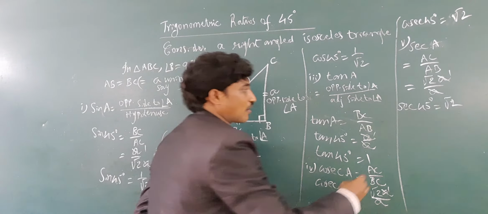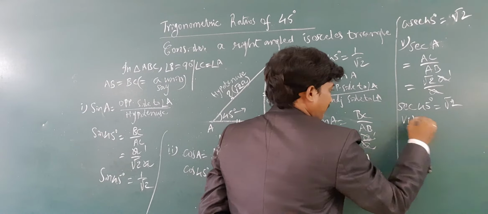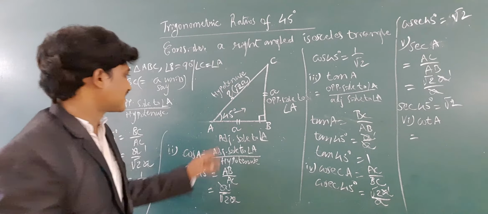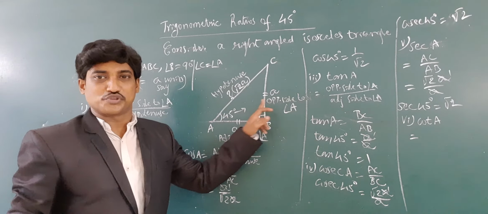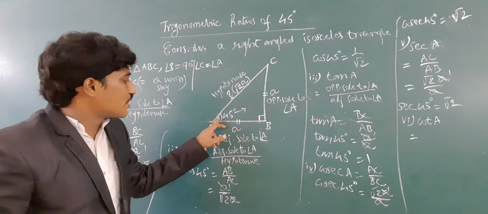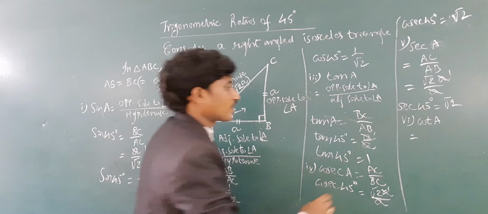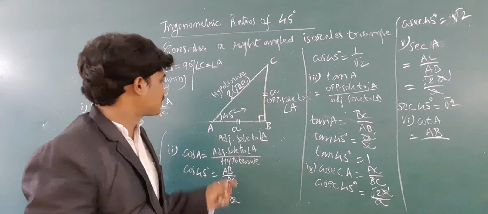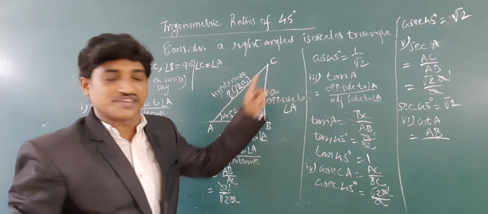Finally, cot 45 degrees. Cot A is equal to the adjacent side to angle A by the opposite side to angle A. The adjacent side is AB and the opposite side is BC.